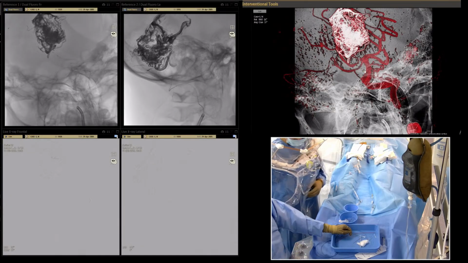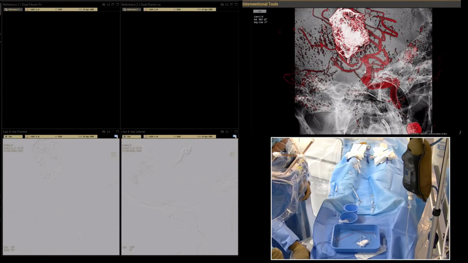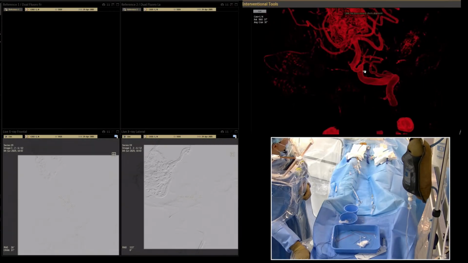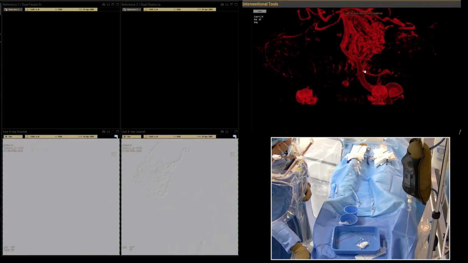It's all dura, and there is a washout from the superior branch. That's why it's worked like this.